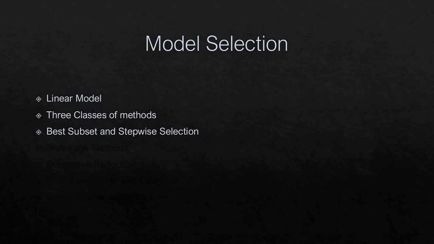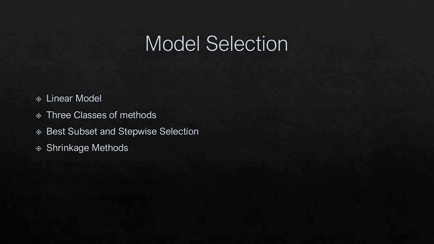A cross-validation prediction error or an information criterion like AIC or BIC is used to select the optimal model size. Looking at stepwise selection, it is computationally efficient but may not always find the best model because it explores only a limited subset of all possible models.